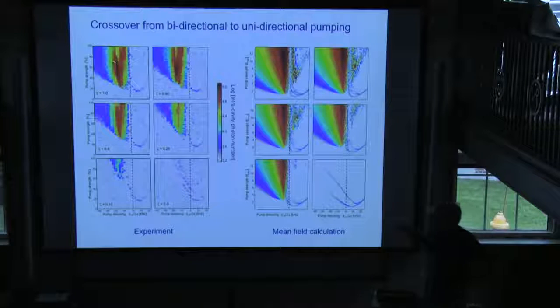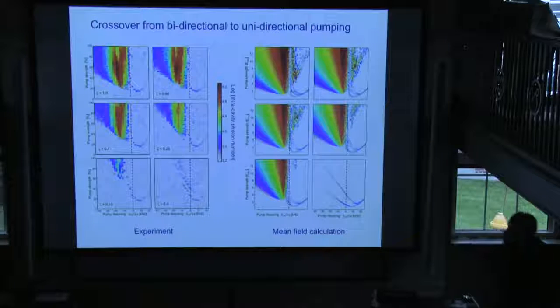This is starting with the conventional bidirectional pumping, and you see, as you weaken one of the beams, the area where the Dicke phase exists, where the stationary lattice arises in the cavity, moves up. So at the end, if there's nearly no beam from one side, there's still a little bit of an island where there's a Dicke phase.